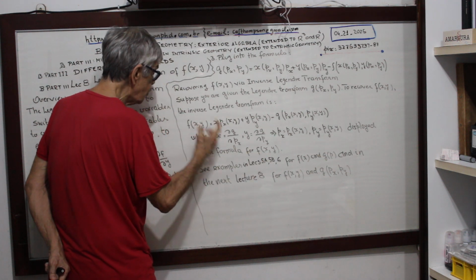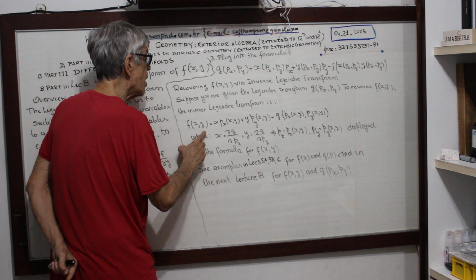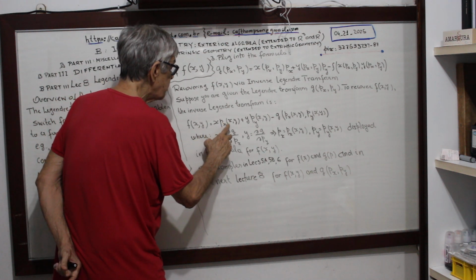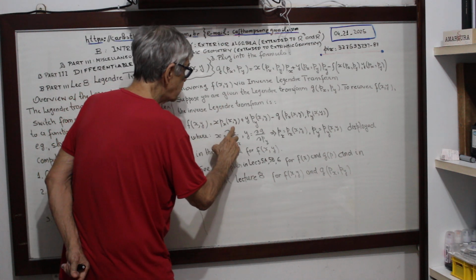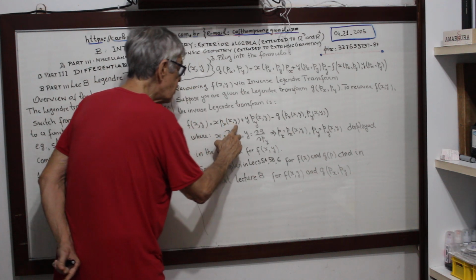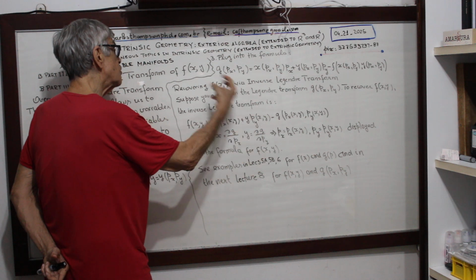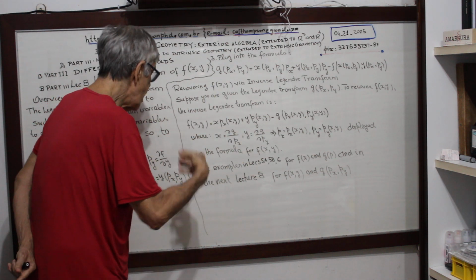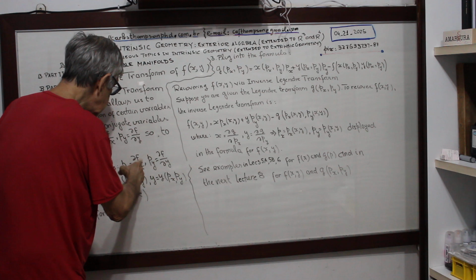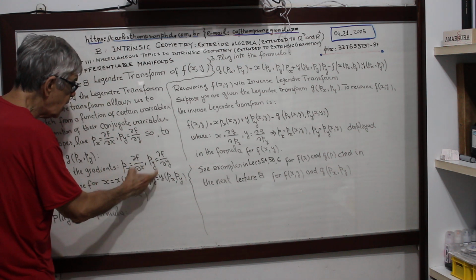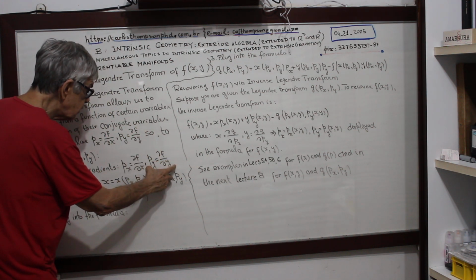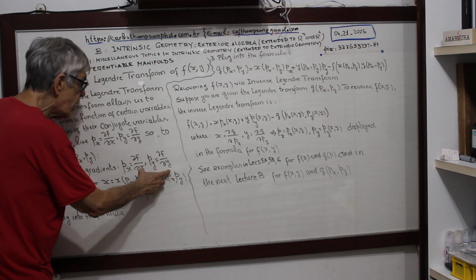Here is how to recover f of x and y. So x, px, attention now. Px is a function of x and y. Why? Because I solved this partial derivative here for x, and I solved this partial derivative here for y.